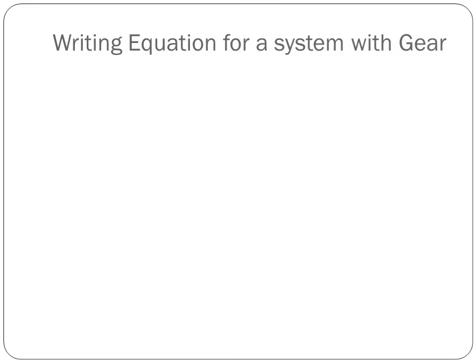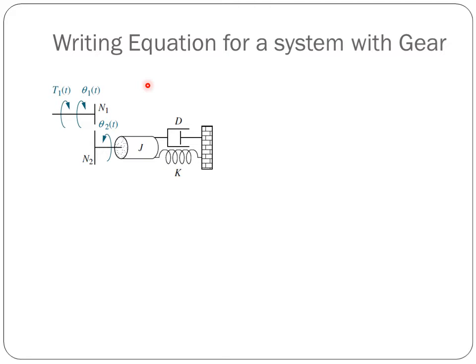Now let's try to write an equation with gear. Let's solve this system. Here we can see a gear N1 by N2. This is the general symbol to express the gear, and we are applying a torque T1 and having a displacement theta 1.